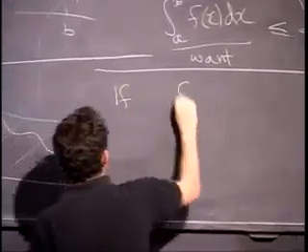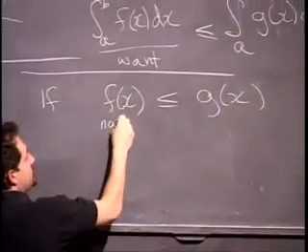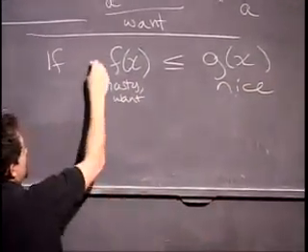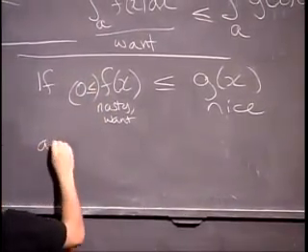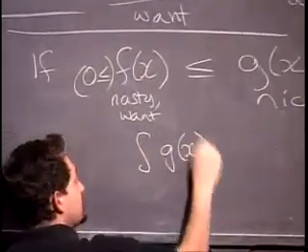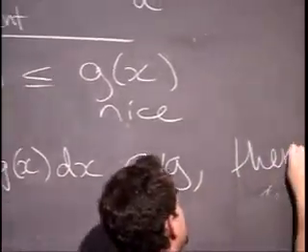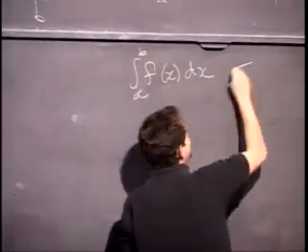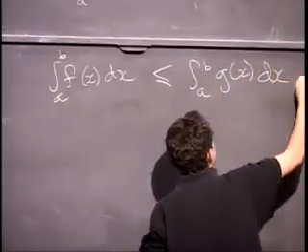If f of x is less than or equal to g of x, where f is again the nasty one you want and g is a nice one that you've concocted, and again I'm assuming that everything is positive, and the integral of g converges, then the integral of f, which is what we want, is this time less than or equal to the integral of g, which is less than infinity.